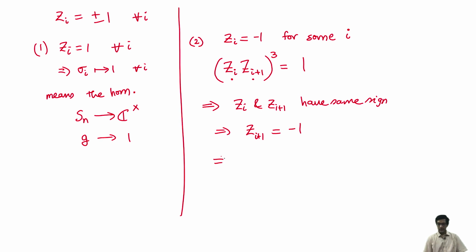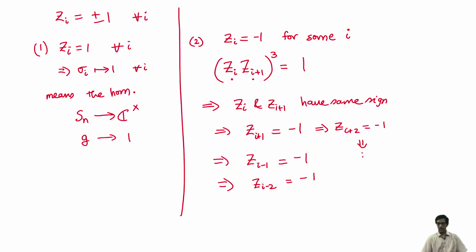Likewise, I can replace i by i minus 1 and conclude that Zi minus 1 is also minus 1, because it's the adjacent guy, the previous guy. I can apply the same relation with i minus 1 in place of i, and we keep going. Since Zi minus 1 is minus 1, the one before it, which is adjacent to it, must also have the same sign. Since Zi plus 1 is minus 1, the one after it must also have the same sign, and so on.